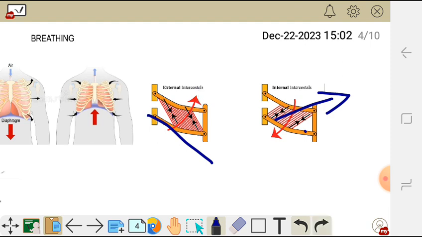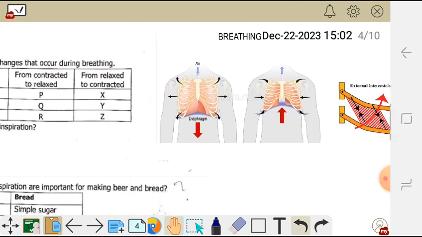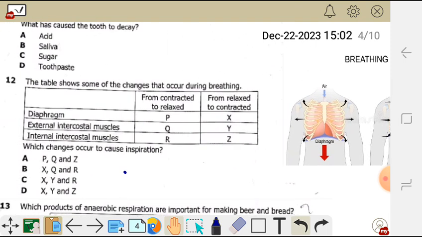That's what happens. So let's go back to our question. Which changes occur to cause inspiration?